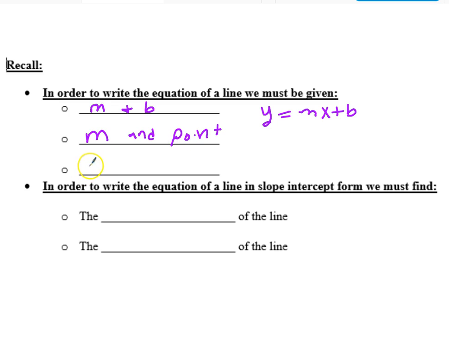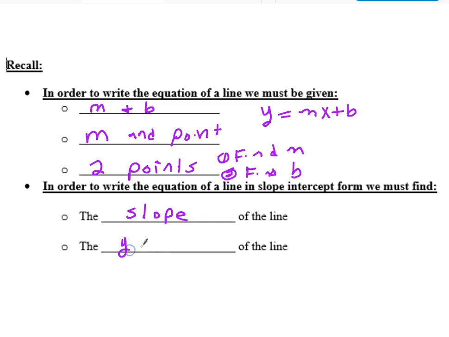Worst case scenario is when we are given 2 points, and that's going to take the most work, because first we have to find our slope, and second we find our b, the y-intercept.